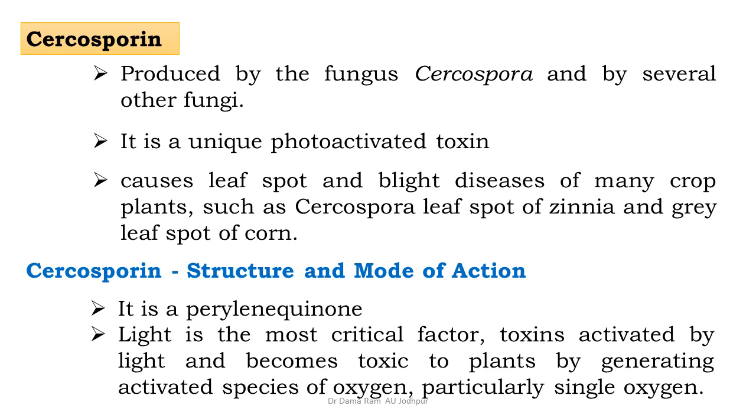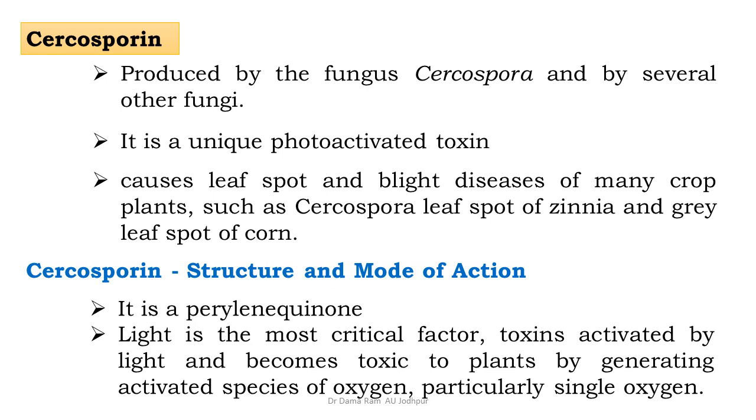So cercosporin is produced by the fungus Cercospora and by several other fungi, and it is a unique photoactivated toxin. It causes leaf spot and blight disease of many crop plants, such as Cercospora leaf spot of maize and gray leaf spot of corn.